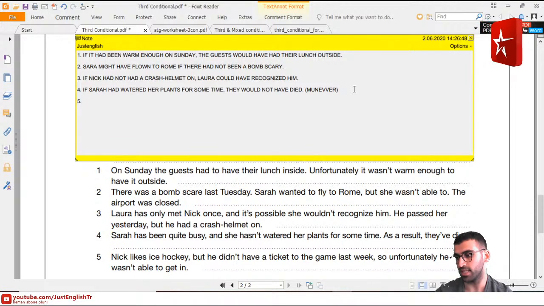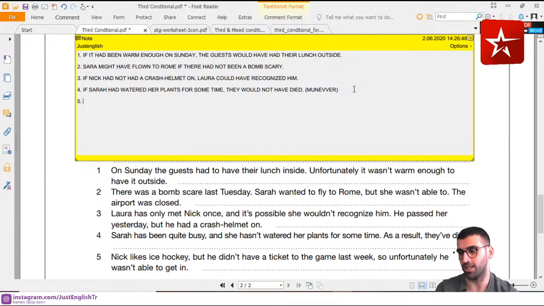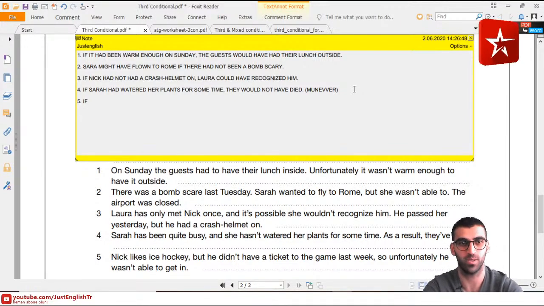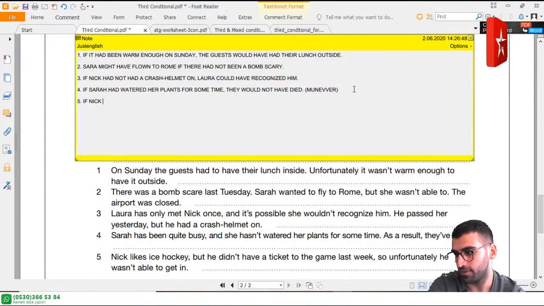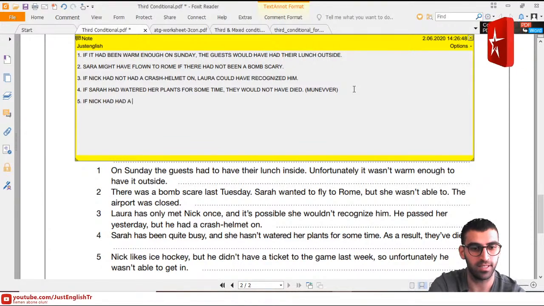All right. Minaver says if Nick had a ticket to the game last week, he would have been able to get in. Yes, Minaver, congratulations. Your answer is correct for this one. Let me write it here. If Nick had a ticket. The first had is the past perfect, had plus past participle.